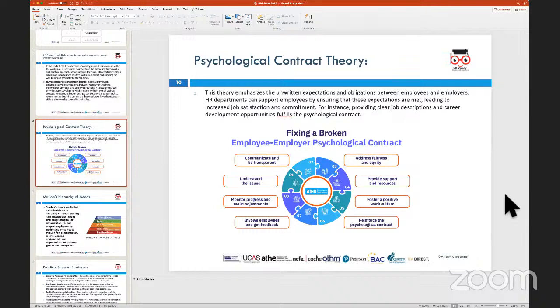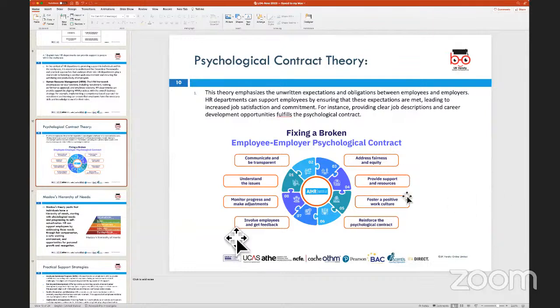So in those cases, when we look at the breaking of this particular psychological contract, the HR department comes in and fixes it. That means they need to balance the expectation of the employee and the expectation of the employer. They look at compensation, benefits, job description, job design, responsibilities given, and the pressure and the workload on the employee to be able to commit and complete this particular job.